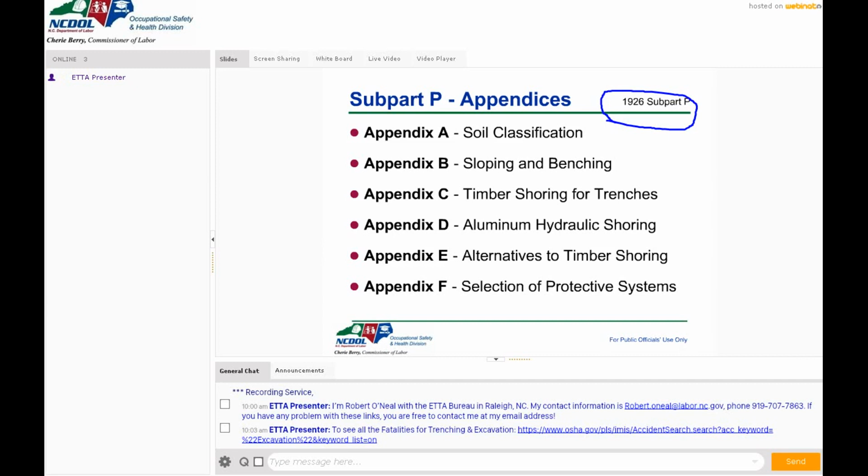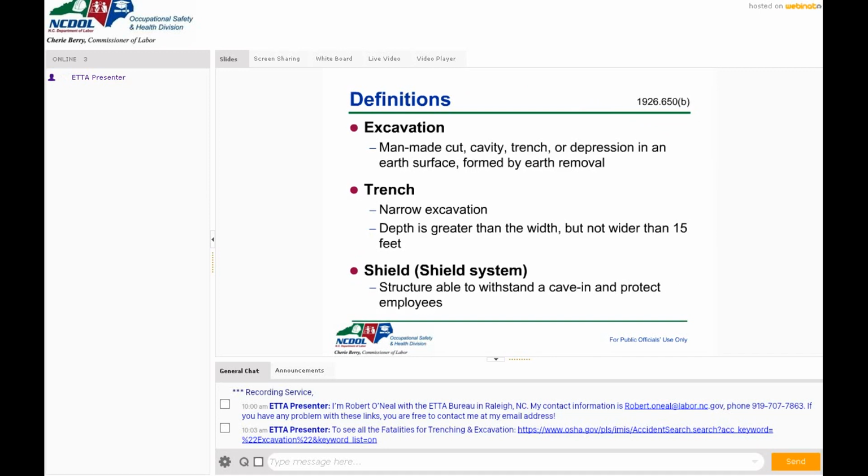And most people don't use timber shoring anymore, but a lot of folks use what I call the box, the trench box, and provide that protection. But many times what we see is problems with that. So these will help you along as long as you're going through reviewing these.